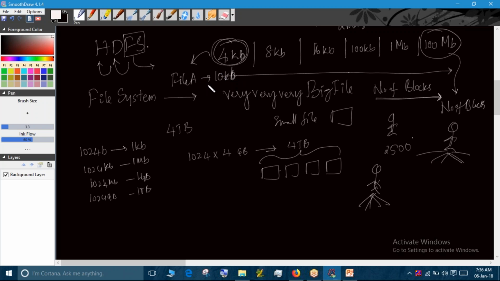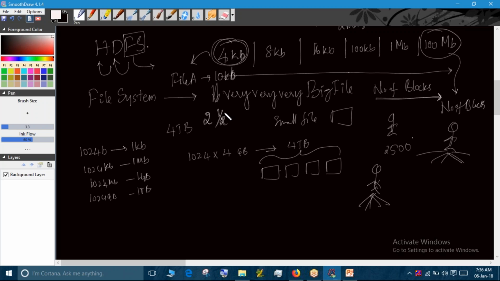Then tell me how many blocks I need? You would need 3 blocks. Ah, you are right. Though the third block I won't actually use all the way. Yes, I actually need 2.5 blocks, but I cannot get 2.5 blocks. That is a problem here.